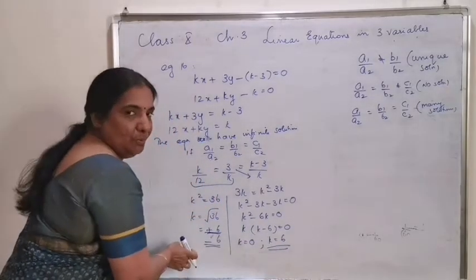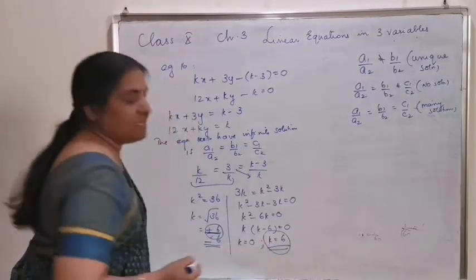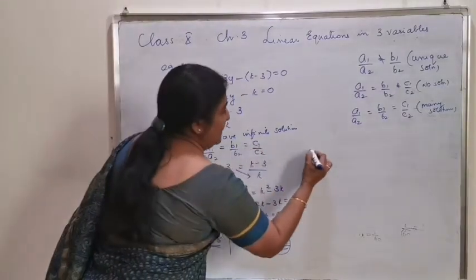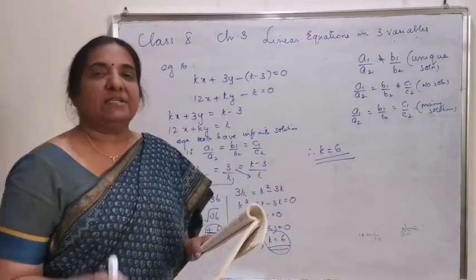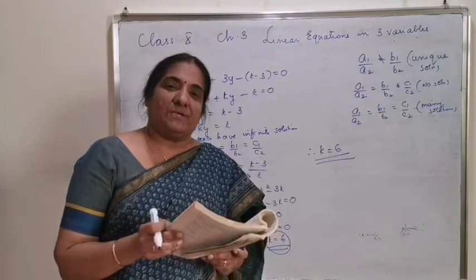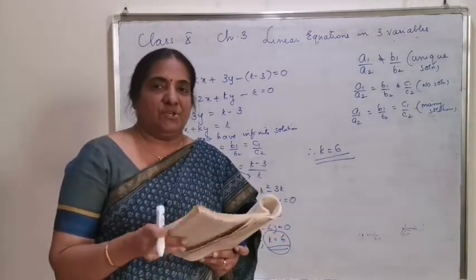From these two, we can see the common value is k equal to 6. Therefore, the value of k is 6. That is, only for the value of k equal to 6, the system will have infinite solutions.